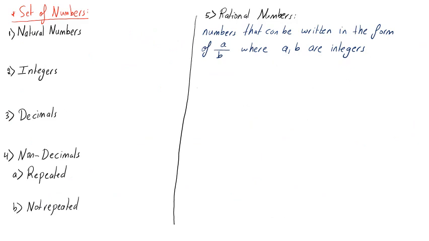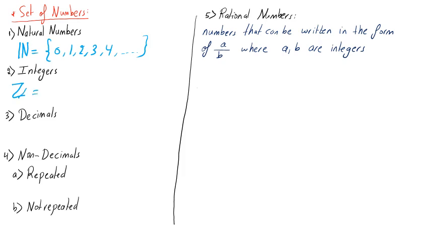Now we have sets of numbers, and we should revise quickly each one. The first set is natural numbers, whose symbol is N. Set N is the set of only positive numbers, which are 0, 1, 2, 3, 4, etc. Integers can be positive or negative.